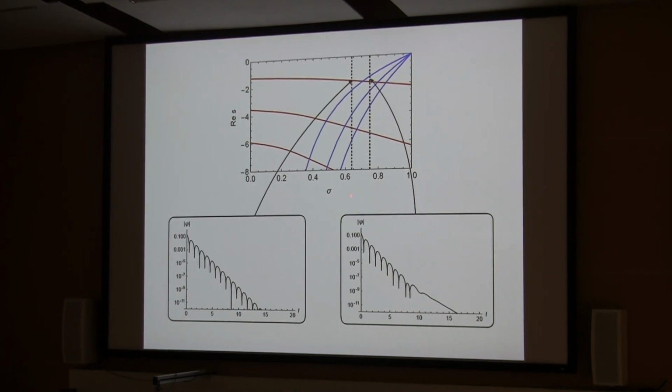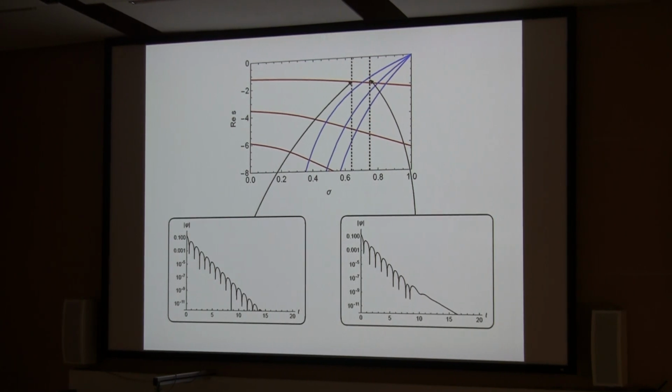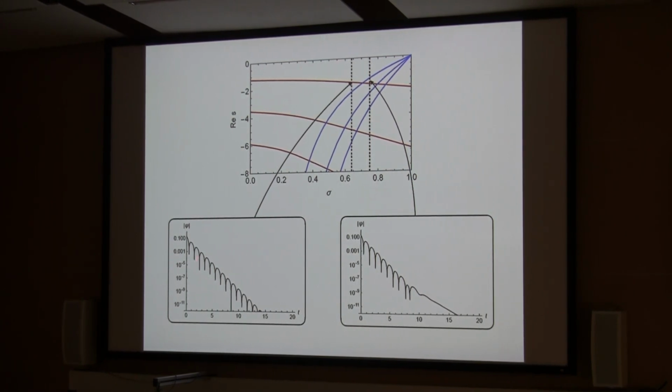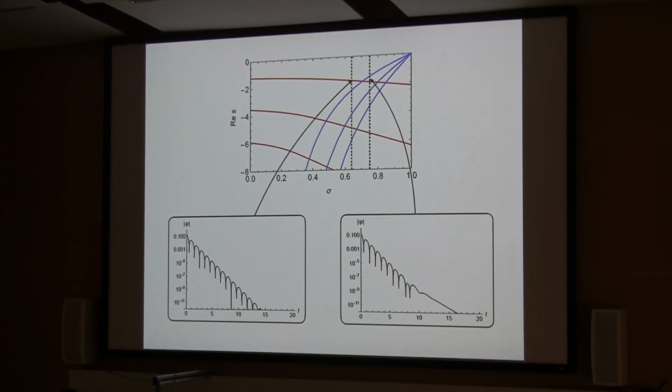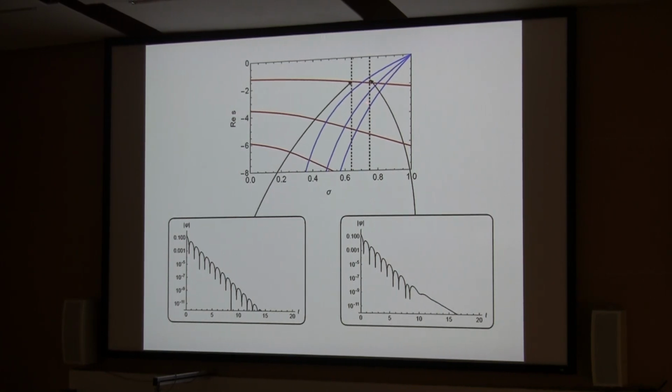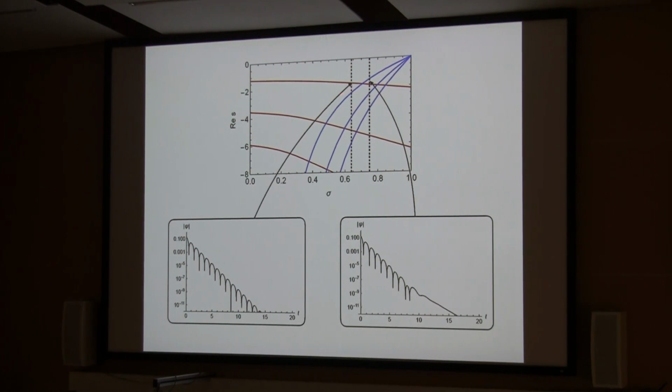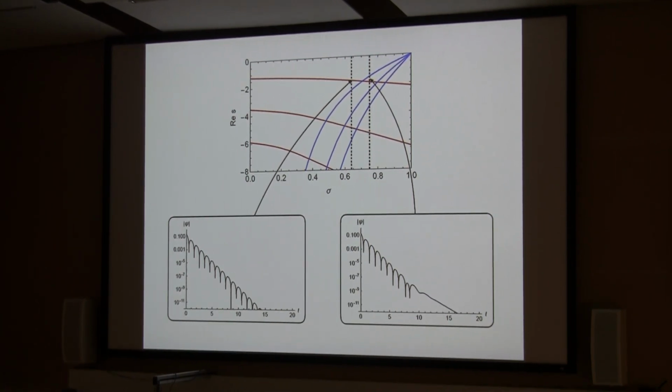For some value of sigma, let's say here, the highest one is the red one, which is oscillatory, and in fact, in the calculation, one can see that we have purely quasi-normal-like behavior, while if we increase sigma a little bit, we can see that the blue mode, which is the purely damped mode, is now higher than the red one, which means that this oscillatory mode is damped faster than the purely damped mode.